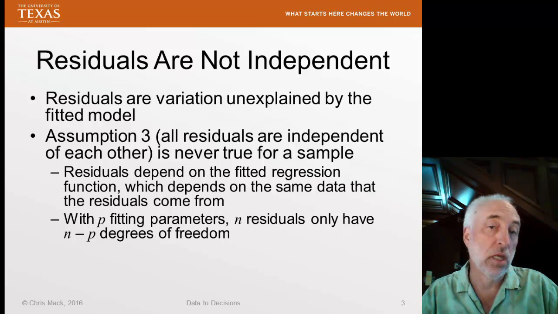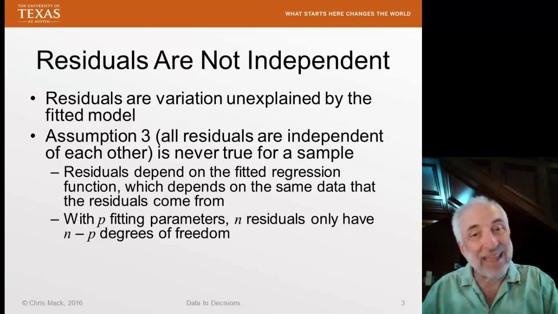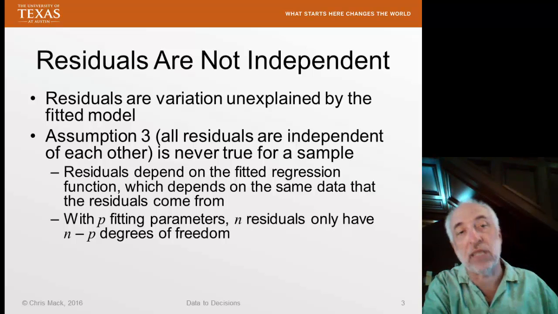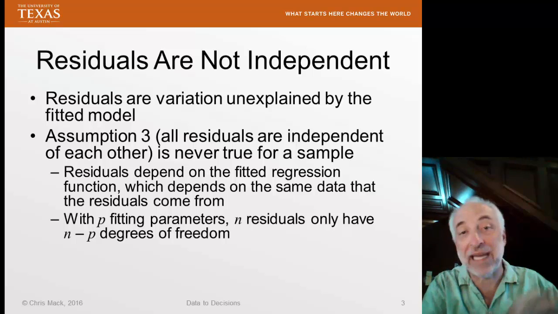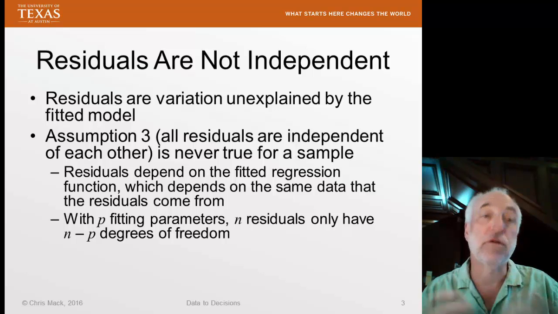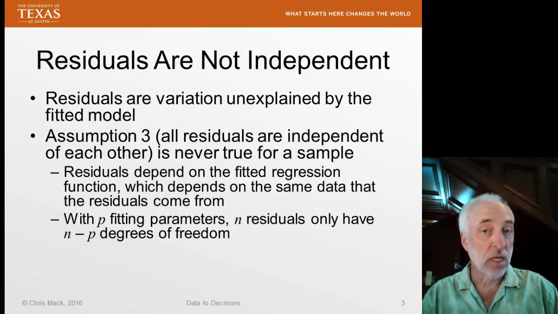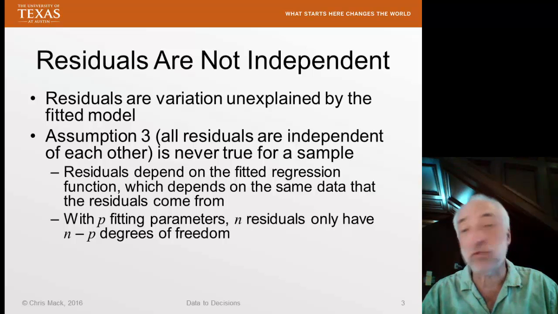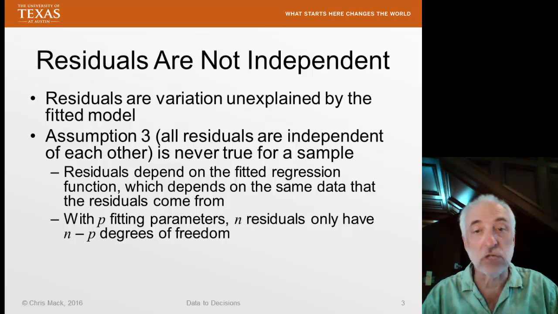But the assumption that these residuals are independent of each other can never be true in a regression of a finite sample. The reason is we get the residuals by subtracting from the data our fitted model. That fitted model has parameters that were generated from that exact same data set. So we have fewer degrees of freedom than we have residuals.